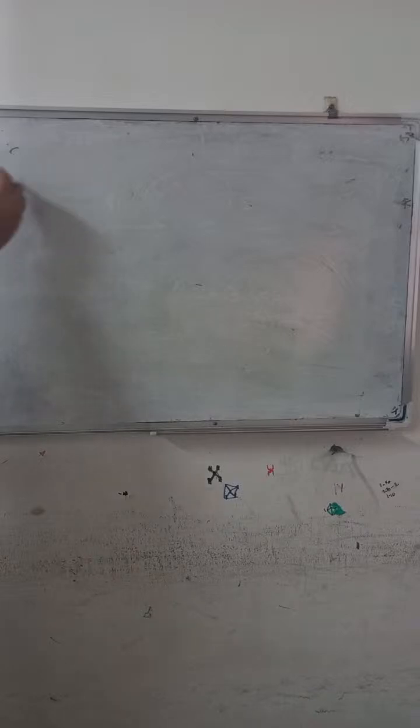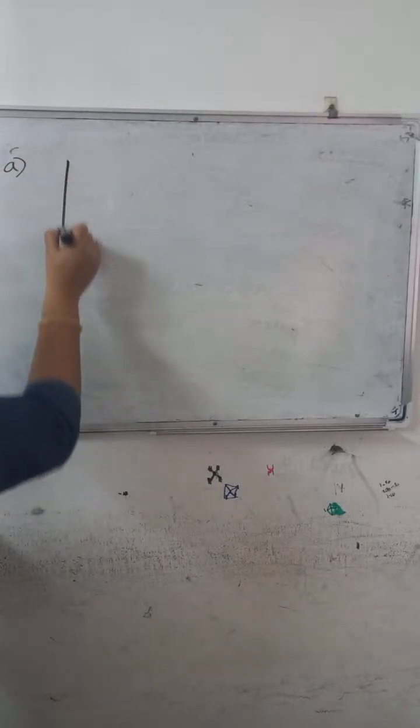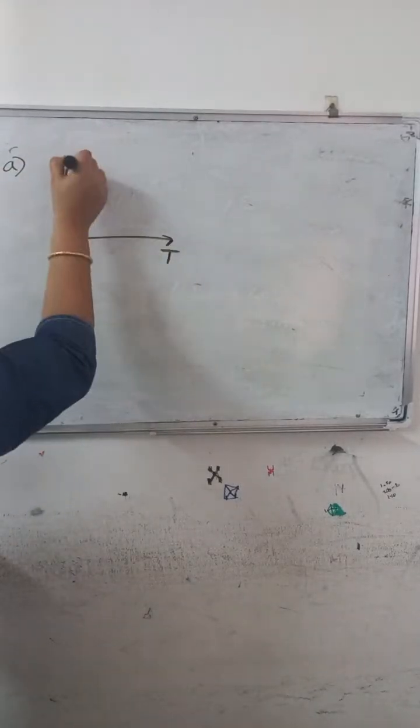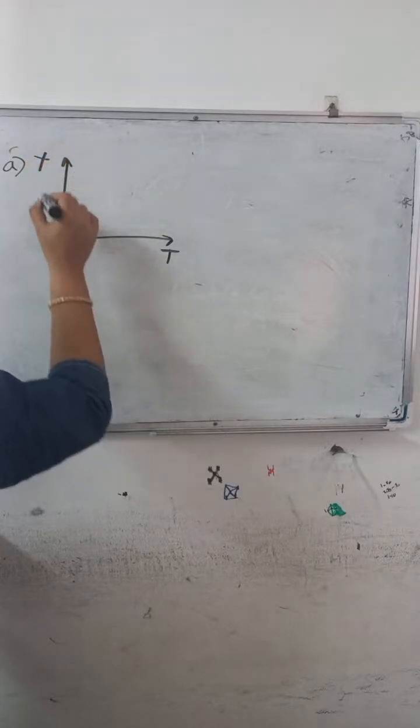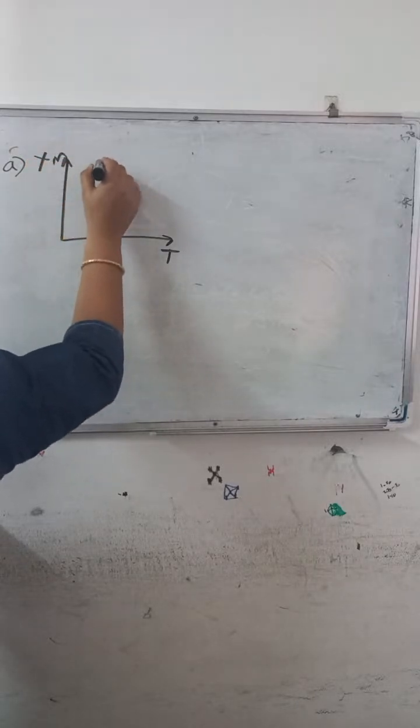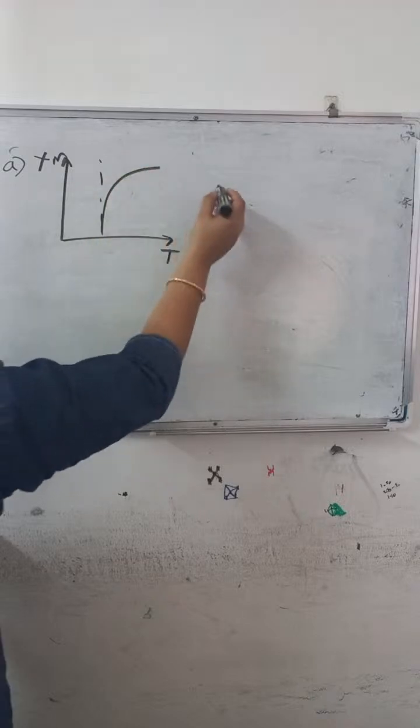Okay, so option A is given. So this is temperature, this is susceptibility of the magnetic material, and that is given like this.